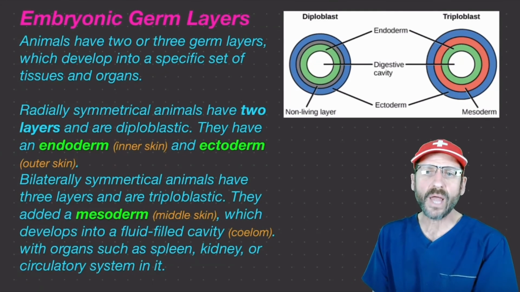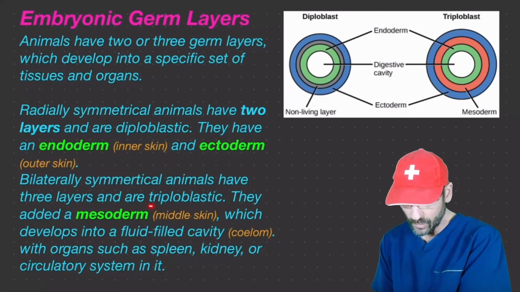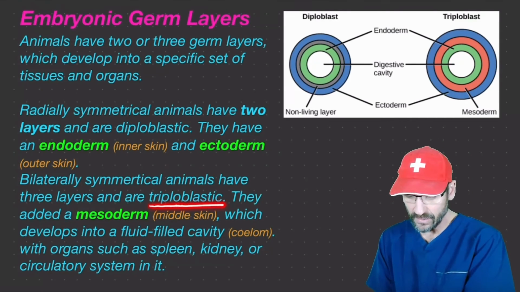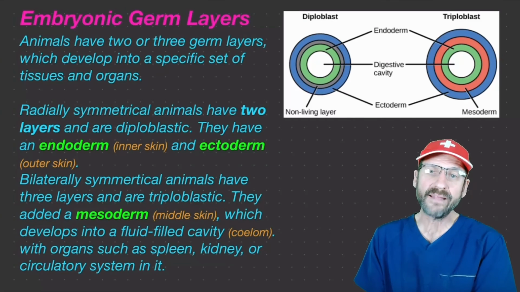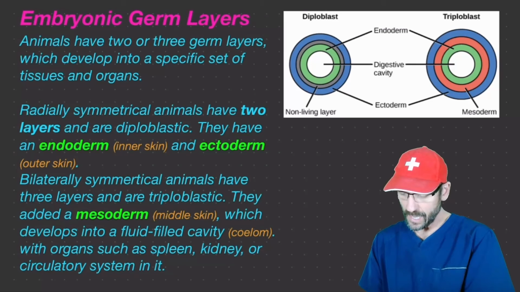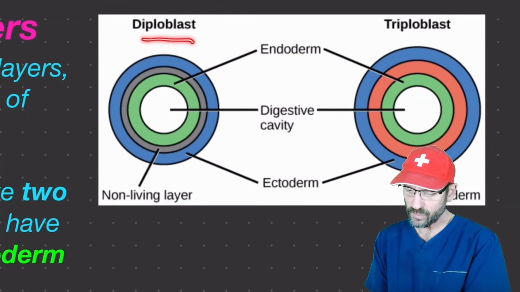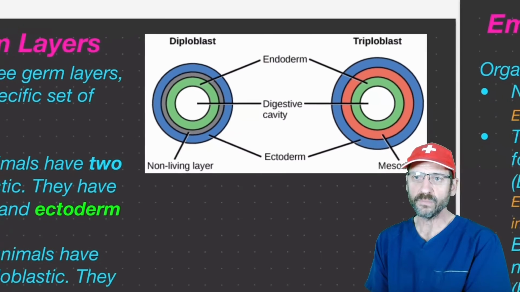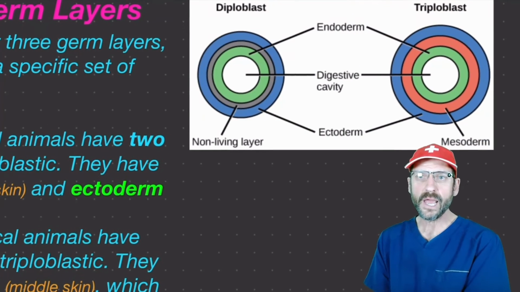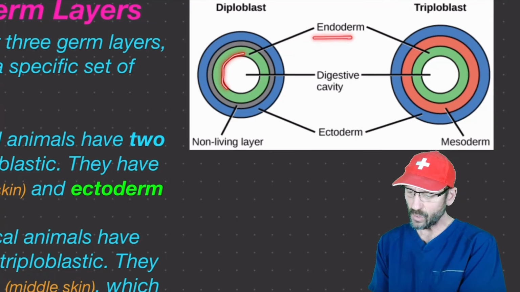Bilaterally symmetrical animals have 3 layers and are known as triploblastic, so 3. They add a mesoderm, so they have an endoderm, an ectoderm, and in the middle, the mesoderm. You can see the diploblasts and the triploblasts. You can see the endoderm is the inside. Both of them have it.